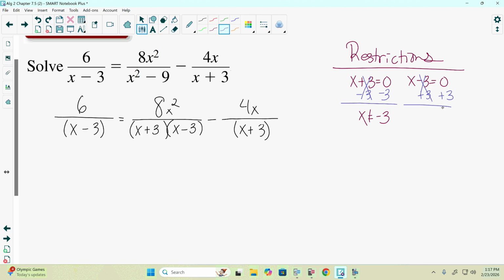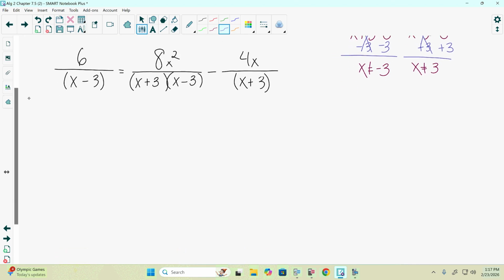For x minus 3, we would add 3 to both sides, telling us that if x is equal to positive 3, the x minus 3 would be 0, giving us a denominator of 0, and those do not work. So the two values of x we cannot have are positive 3 and negative 3.